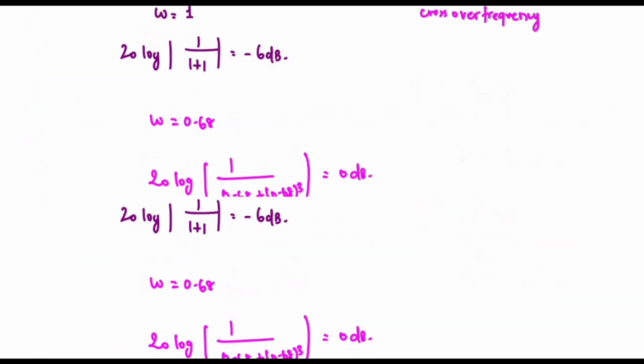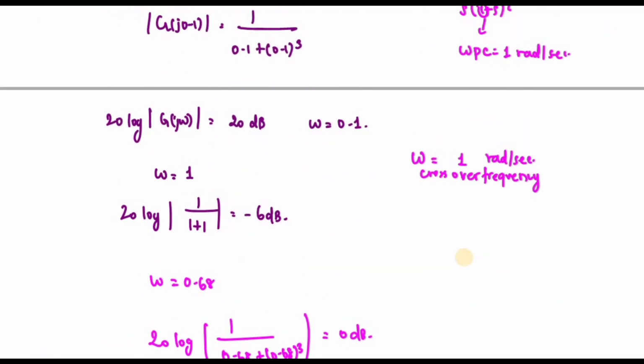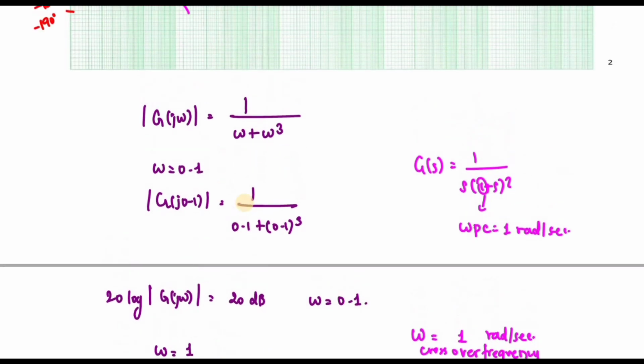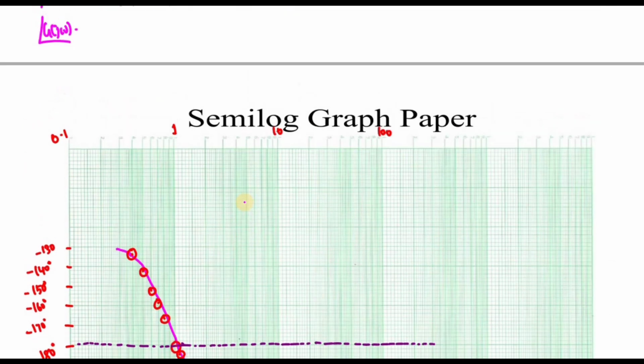Okay, now let us plot this one. At omega equal to 0.1, it is 20 dB. So let me take this value as 0, this one as 20, this one as minus 20, this one as minus 40, this one as minus 60, and this one as minus 80 dB.